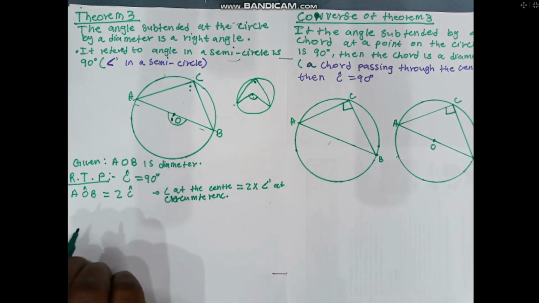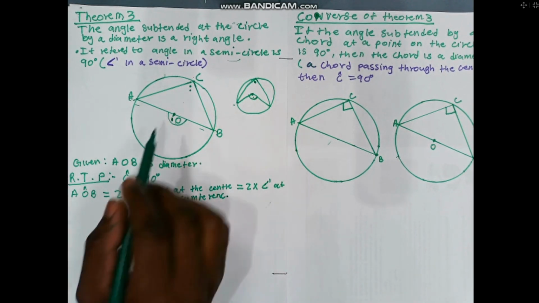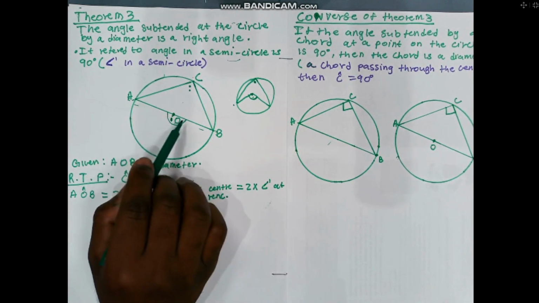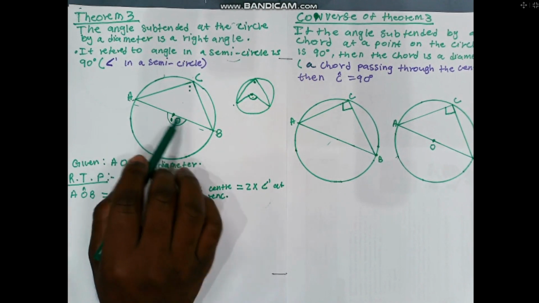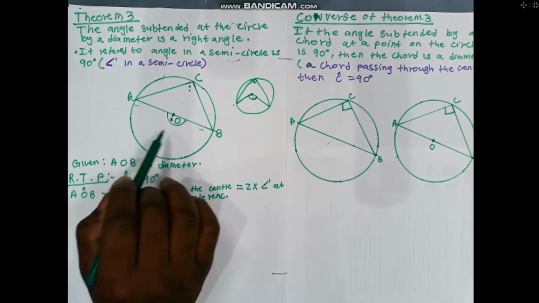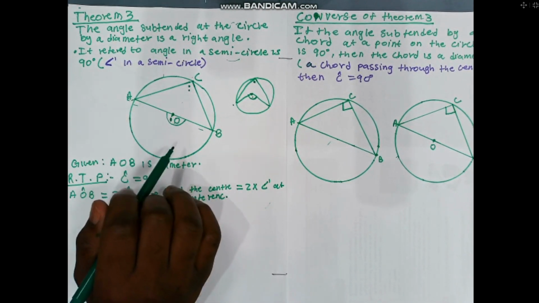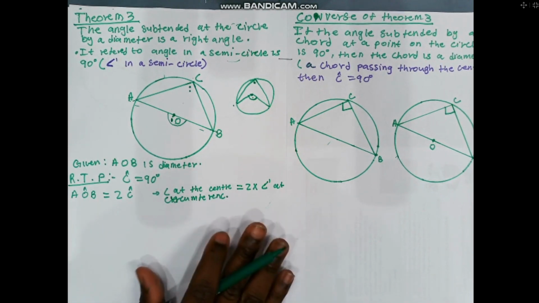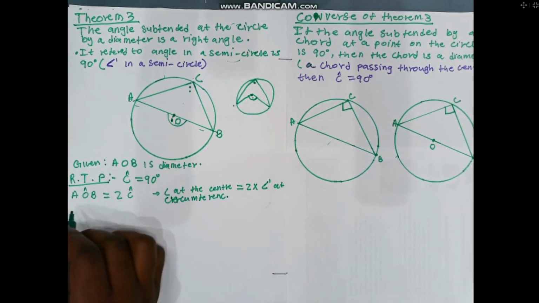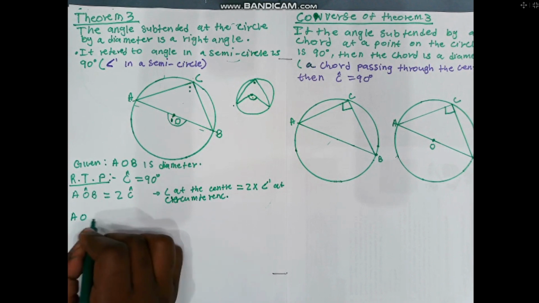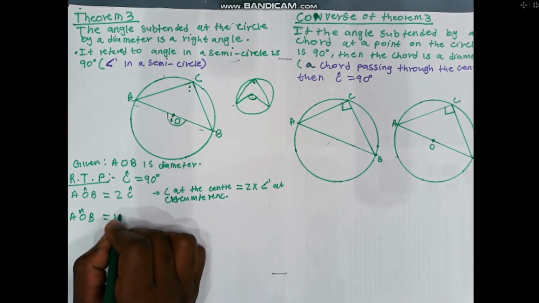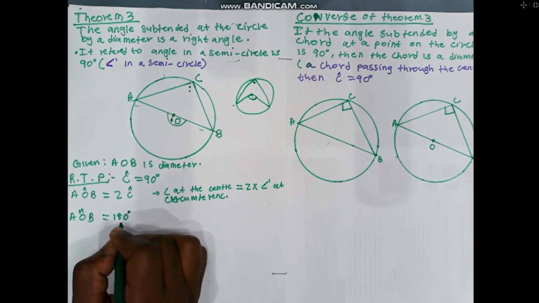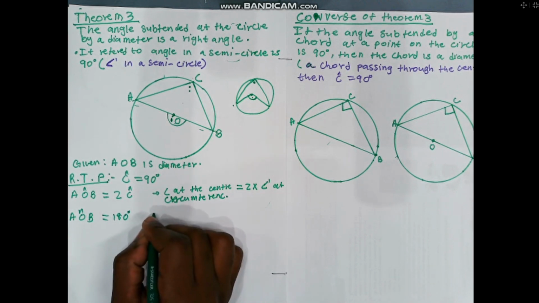And then now another thing, AOB, this angle here, it's a straight line. This is just the diameter. Diameter is just a straight line. Angles in a straight line add up to 180. We know that. So AOB again equals 180, which is a straight line.